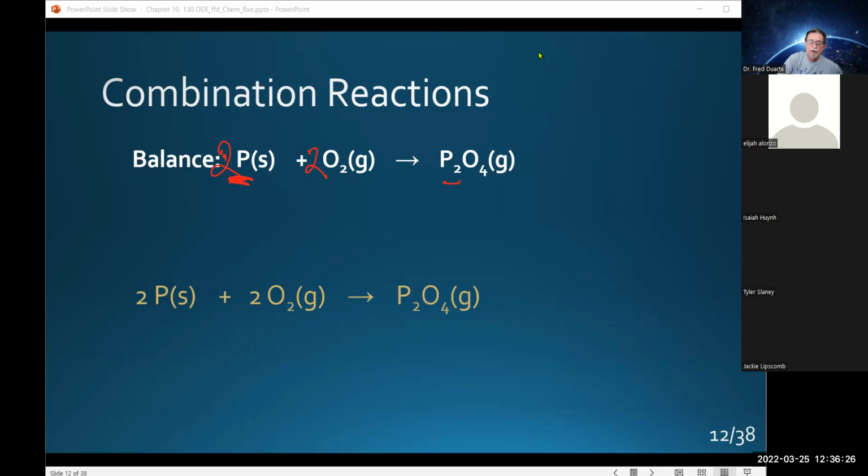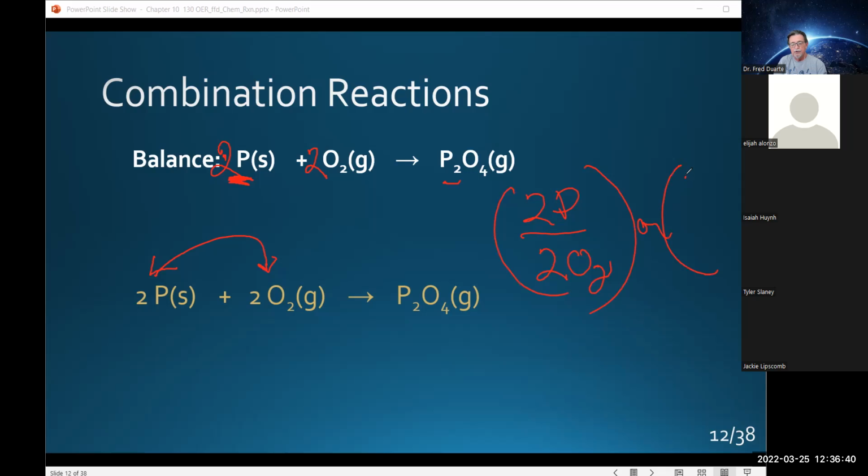And note the ratio of reactants, okay? And so it's a 2 to 2. So I could, if needed, write that relationship between reactants as follows. Or I can invert it and do it this way, because it depends on the question being asked, which we're going to work with down the road, okay?